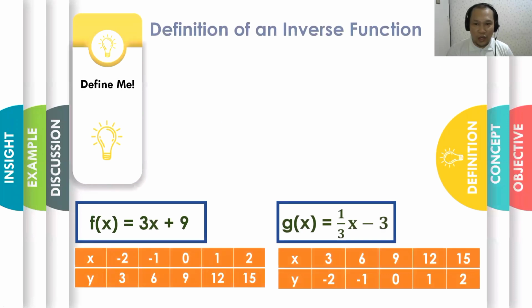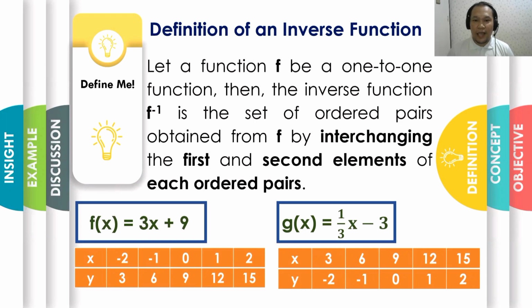Therefore, from that concept, our definition of inverse function is this: let a function f be a one-to-one function, meaning only functions that are one-to-one have an inverse function, because a correspondence can be one-to-one or many-to-one. But only a one-to-one function has an inverse function.